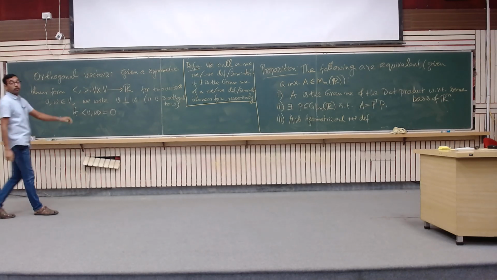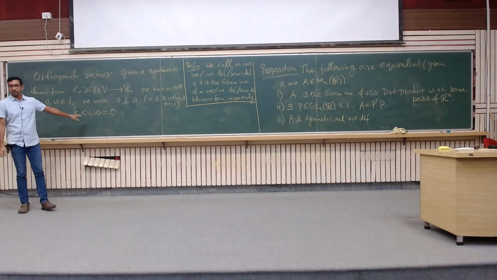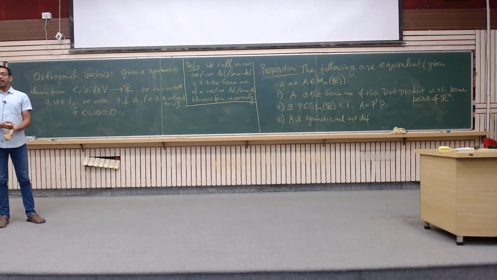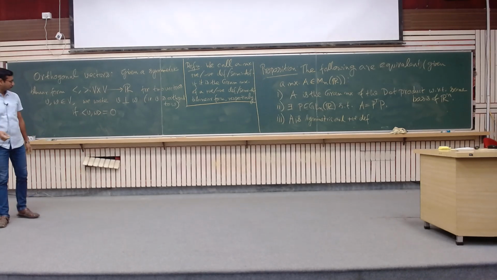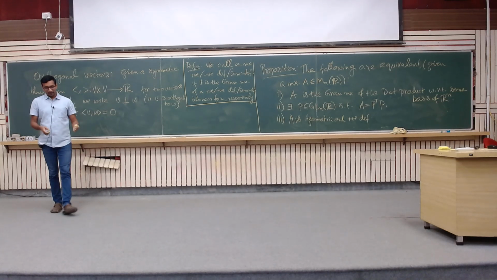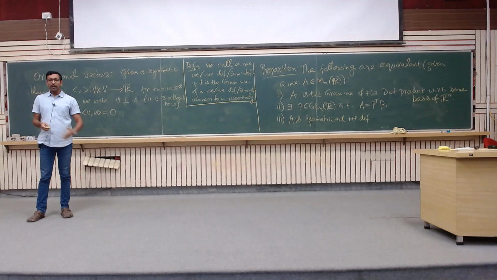A bilinear form need not always be symmetric, but we are defining orthogonality for symmetric forms. Actually, we will specialize on symmetric bilinear forms, and working with symmetric forms is going to make our life rather easy. The main theorems on bilinear forms which we are going to prove are all on symmetric forms, but bilinear forms are of course more general.